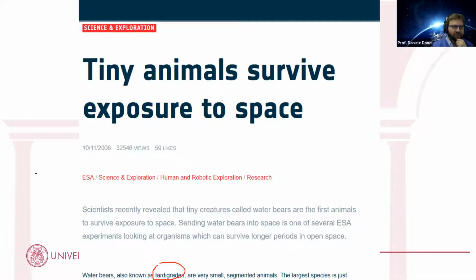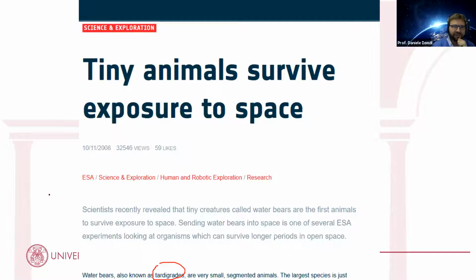But it is well known that these animals are very resistant. So it means that if you remove the air, you remove the oxygen, you remove the water, they desiccate, but they can stay desiccated. And after putting water again, they will survive again.